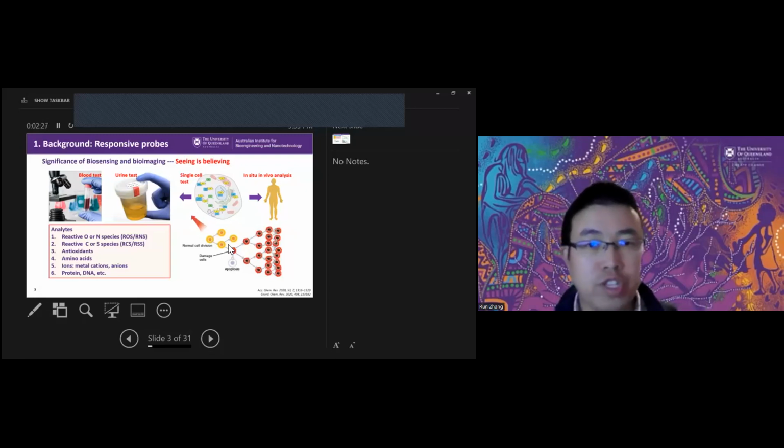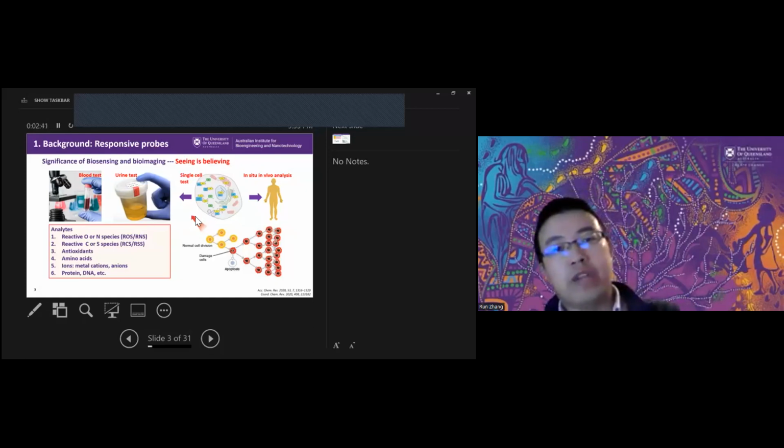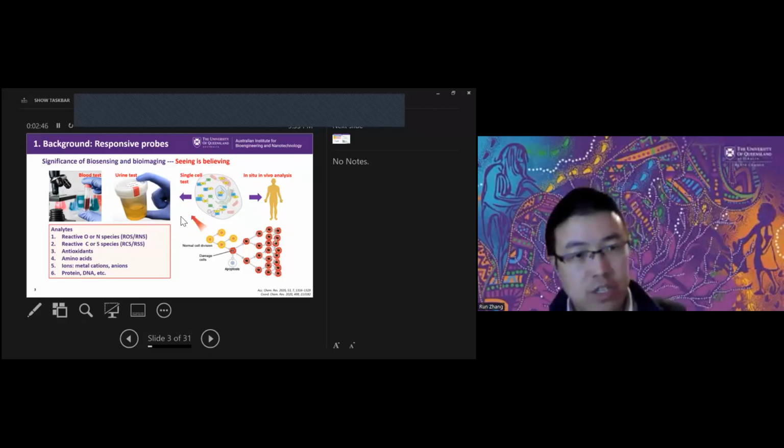Normally, what we can do is detect or monitor the biomarkers, the biomolecules inside, for example, biological fluids like blood or urine, or do a cell test or an in vivo test, for different target analytes of interest.